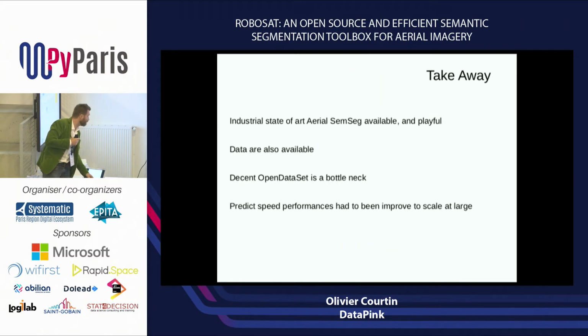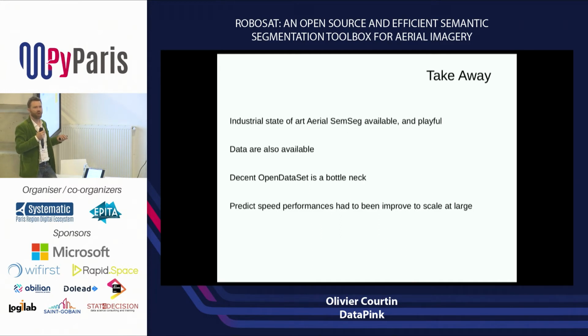As a takeaway, right now there is a semantic segmentation platform available and usable. The data are also available, but the point is that the labels themselves are not that good.